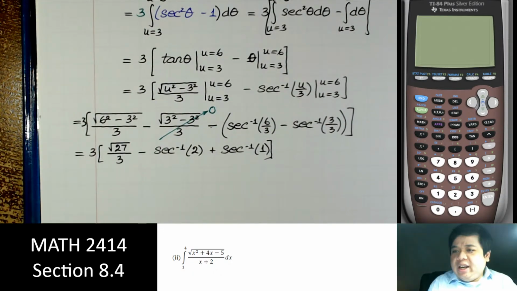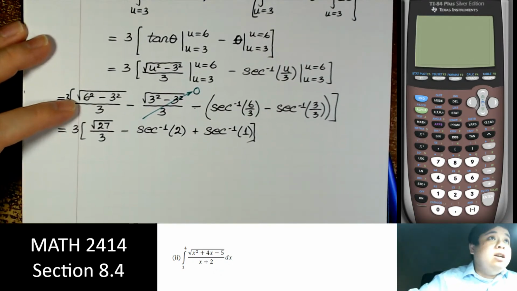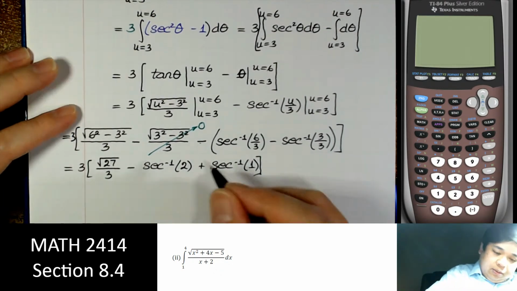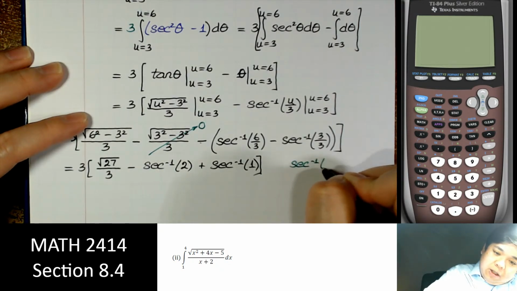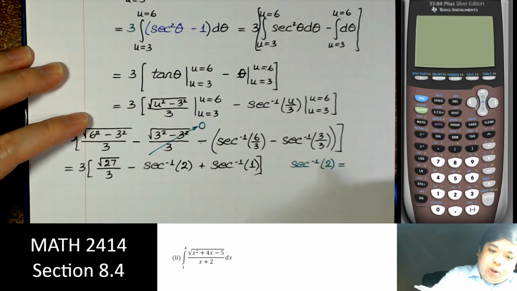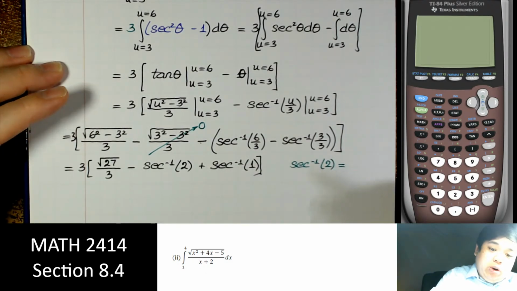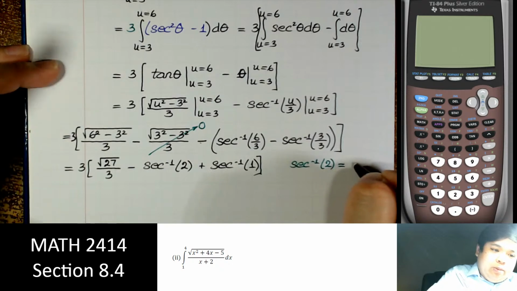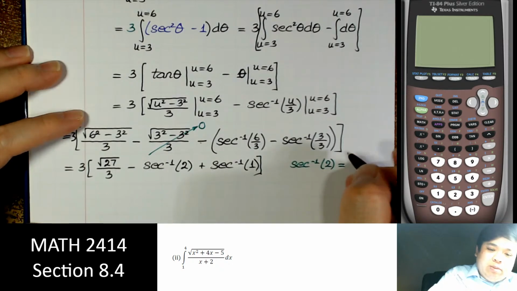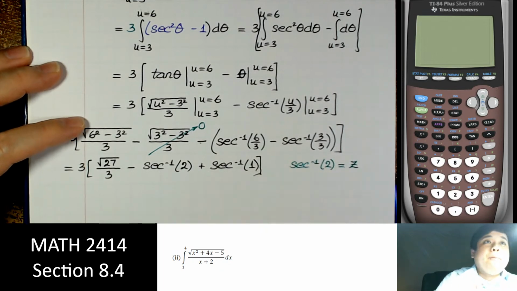So what is secant inverse of 2 and secant inverse of 1? Secant inverse of 2 is equal to what? We don't know. Let's say that equal to, I don't want to use x, z.